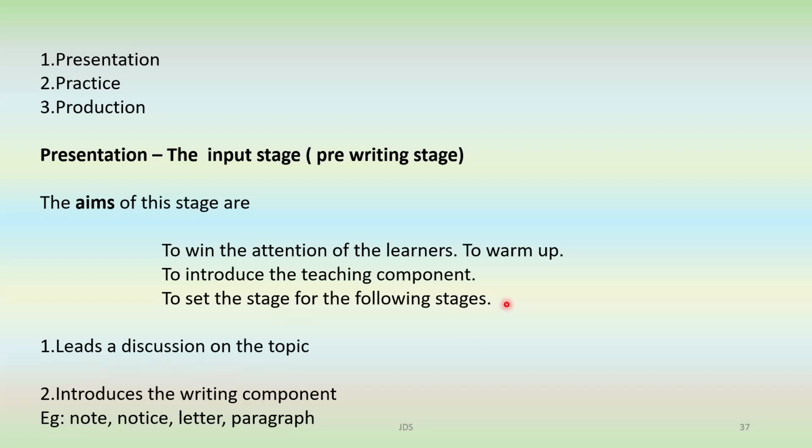We talked about the model, the process writing and the product writing. So you can use different models of notices, letters, paragraphs, whatever you're aiming to teach, and start out your lesson.